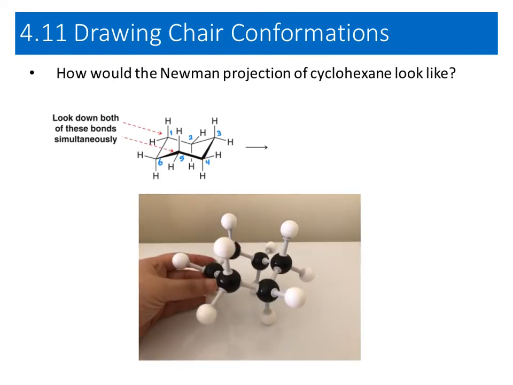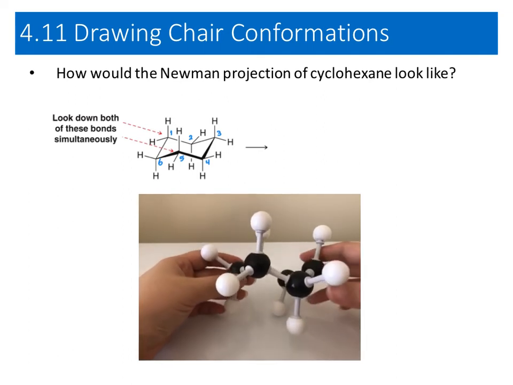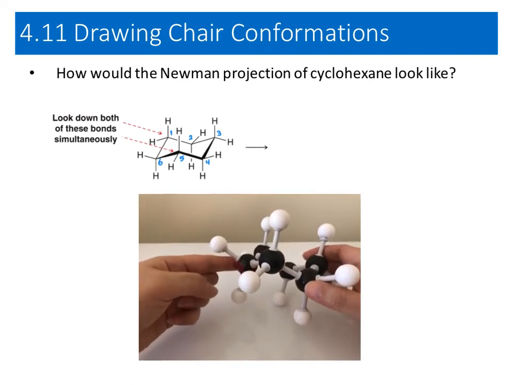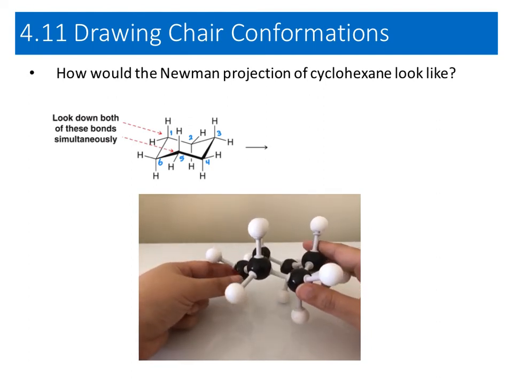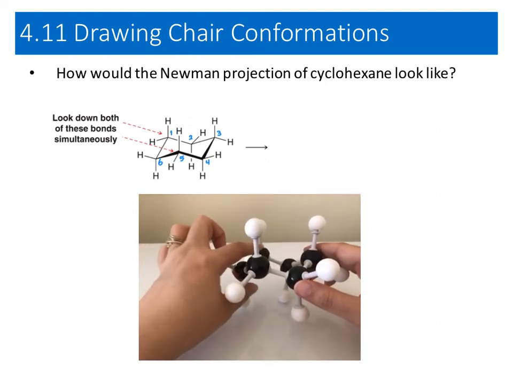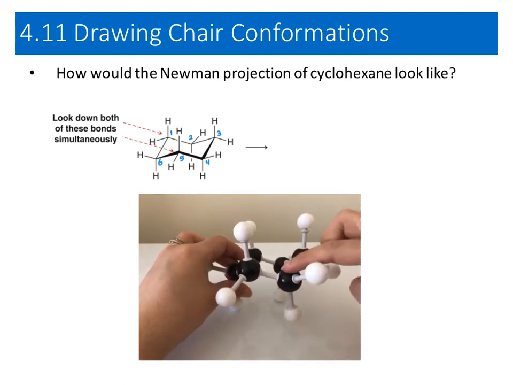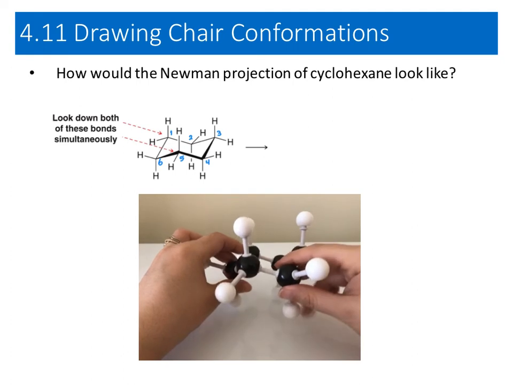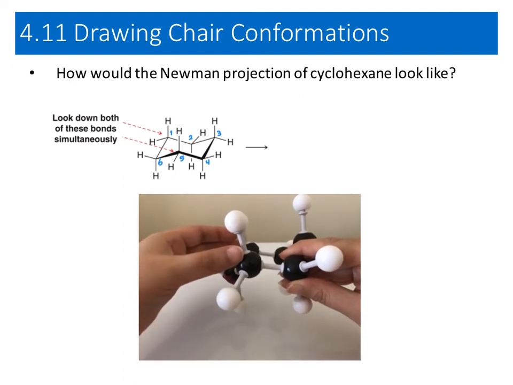So here is the model. The carbon that is marked in red, this is carbon 6. So I marked it. Hopefully it would be easier for you to follow. So this is carbon 6. This is 1, 2, 3, 4, and 5. Now we need to basically stand here at this position and look through these 2 carbons.